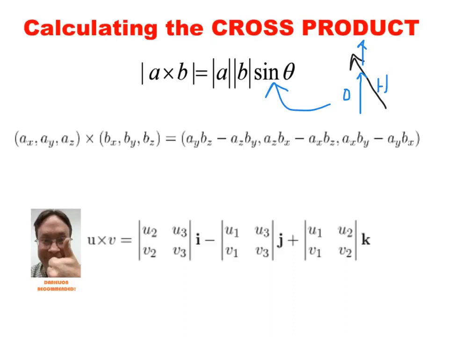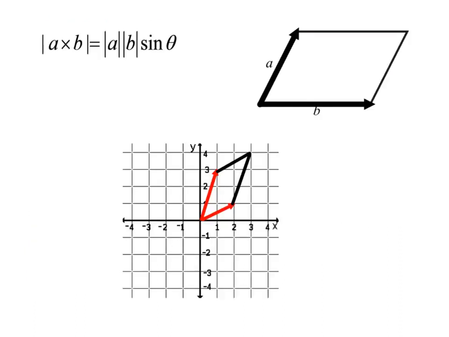Okay, so we're going to focus on this formula for a minute so we can talk about how this could be useful to us in three-dimensional space. I want to talk about the relationship geometrically to parallelograms. If you remember from geometry, the area of a parallelogram is base multiplied by height. In this case, the base would just be this vector b, so the magnitude of b is the base.